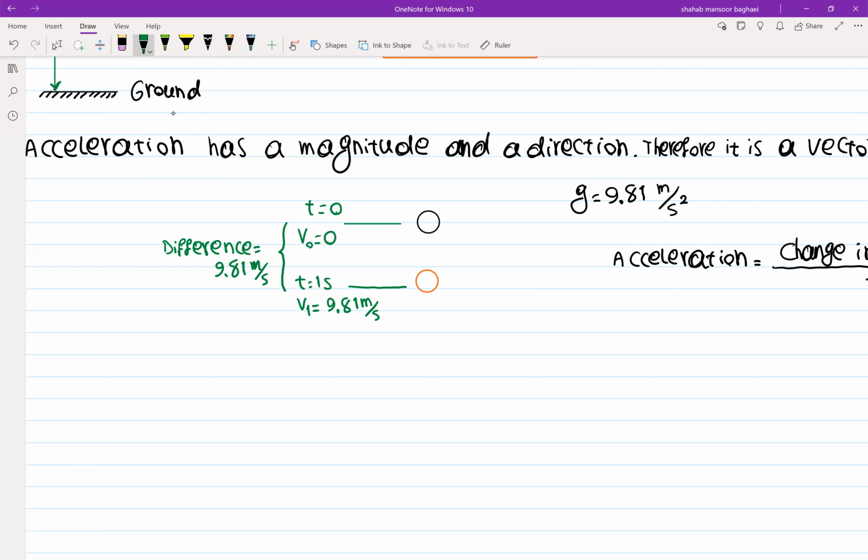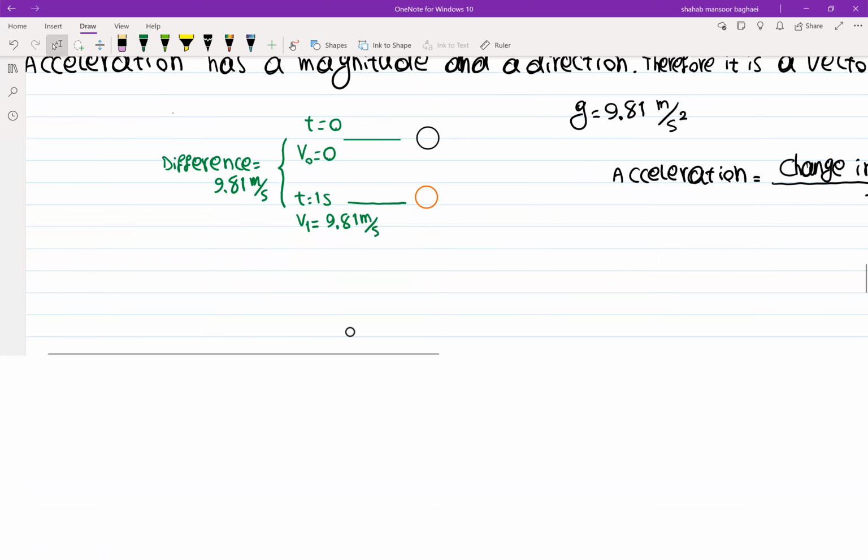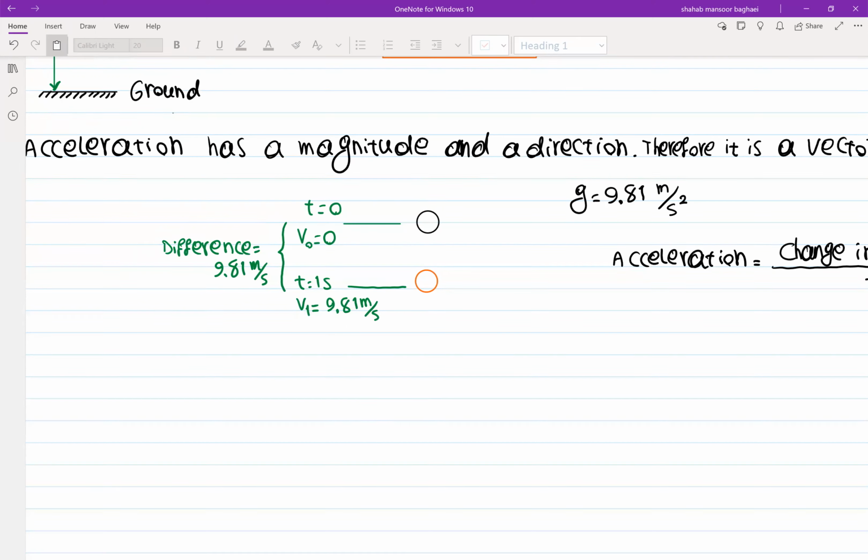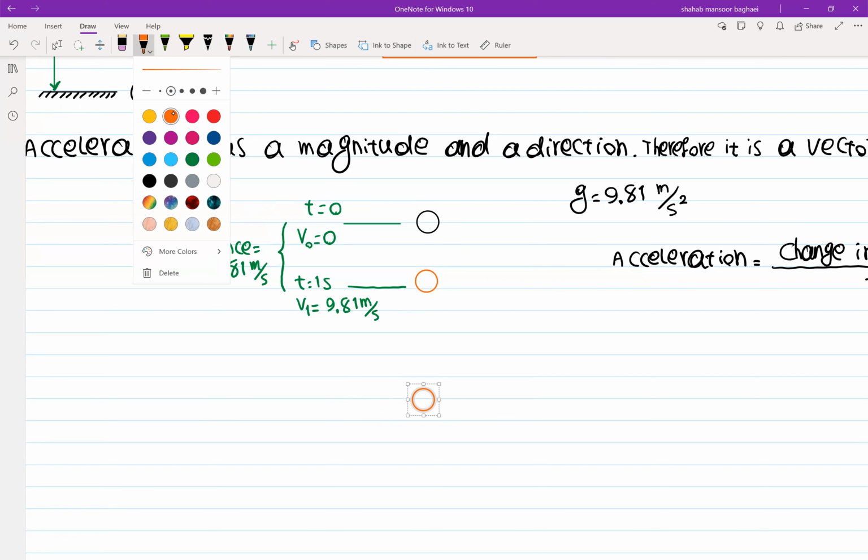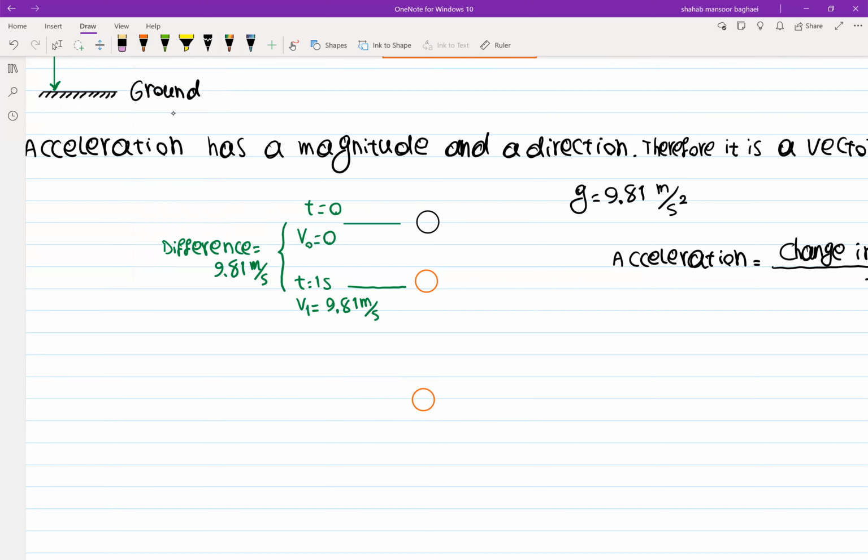Okay, let's continue. Imagine next time, imagine your falling object is here. If this is t equal to 2 seconds, what is V2 here?